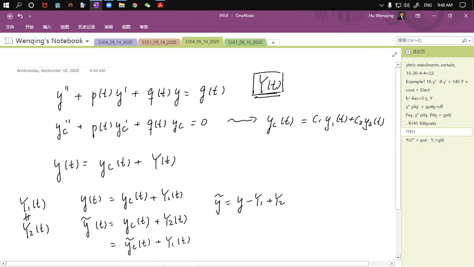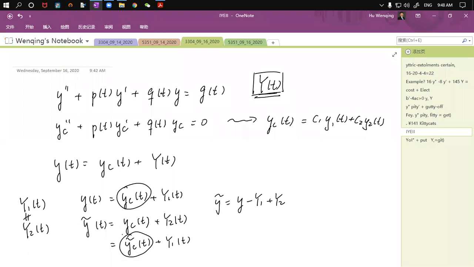And that means you didn't really create two different solutions, because either yc or the other one are complementary solutions. There are many complementary solutions, because the complementary solutions are the general solutions of the homogeneous equation. So it doesn't really matter that you find two different solutions of the same non-homogeneous problem.